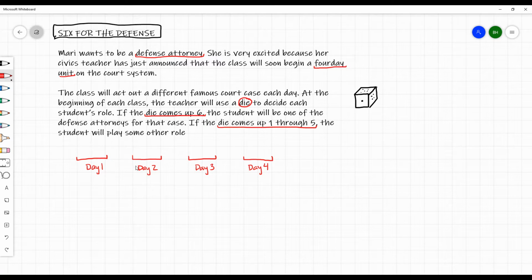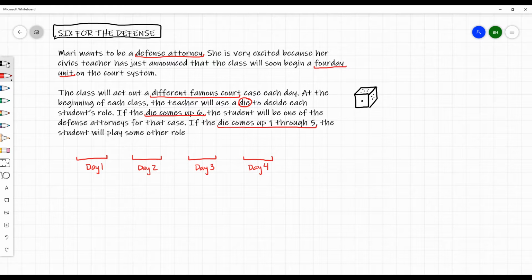In this case, there are 4 different events, which are different court cases. Each day, Mari has an opportunity to be the defense. She could technically be the defense here, or here, or both days, and then she cannot be the defense there. We don't know what's going to happen yet, so it's our job to calculate that probability.